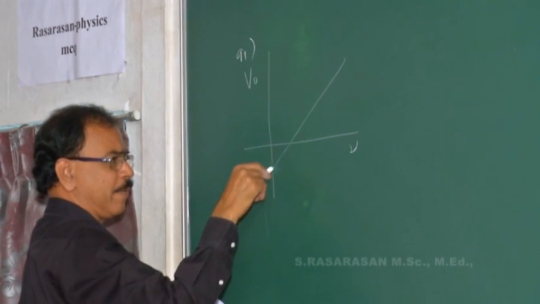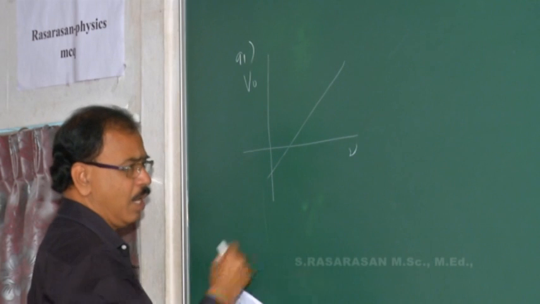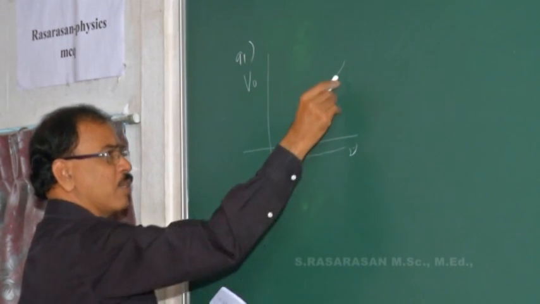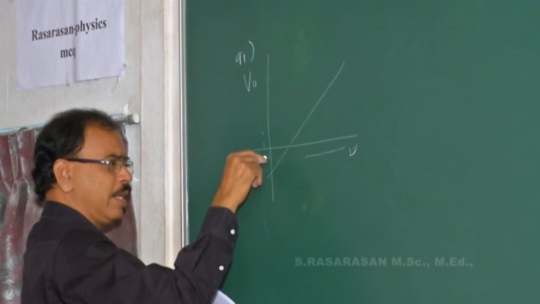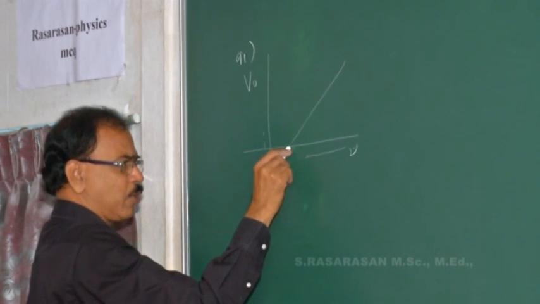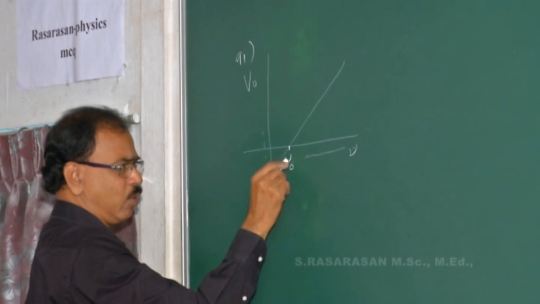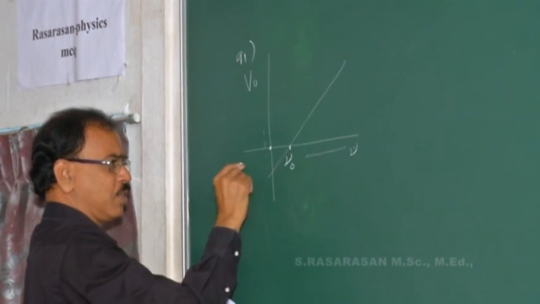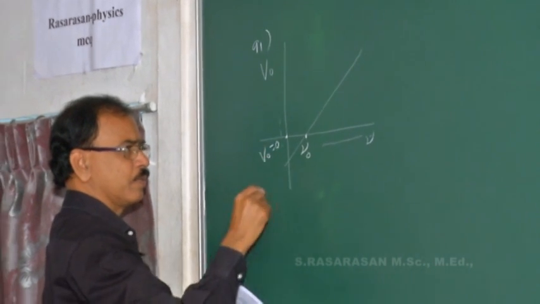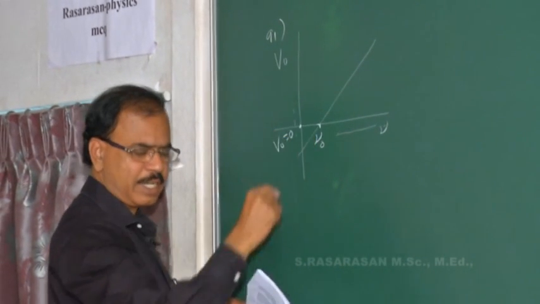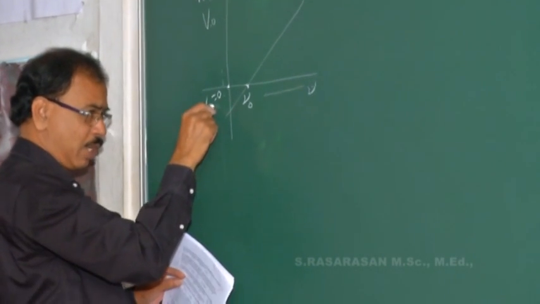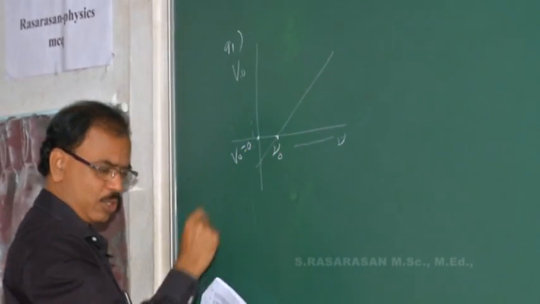As the frequency of incident radiation decreases, the stopping potential also decreases. At one particular low frequency, say nu naught, the threshold frequency, the stopping potential is 0. The line touches the x-axis; the y-axis value is 0.